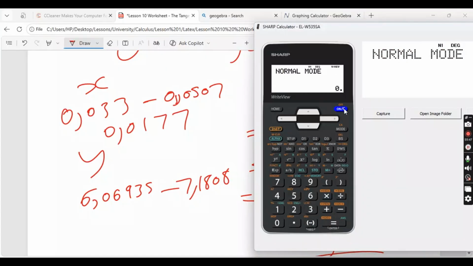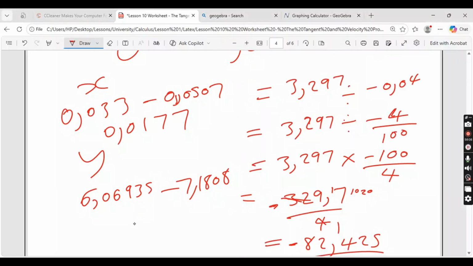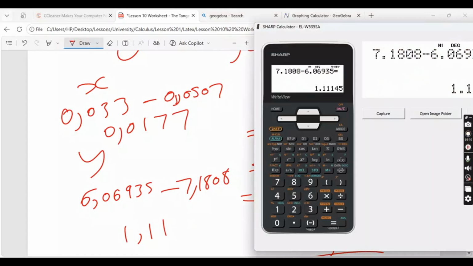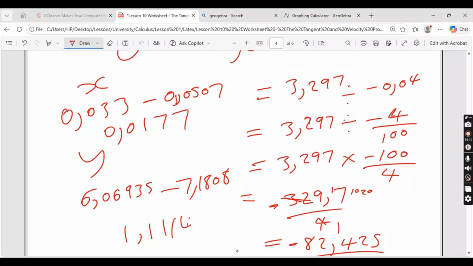And then the other one, 7.1808 minus 6.06935, we get 1.11145.